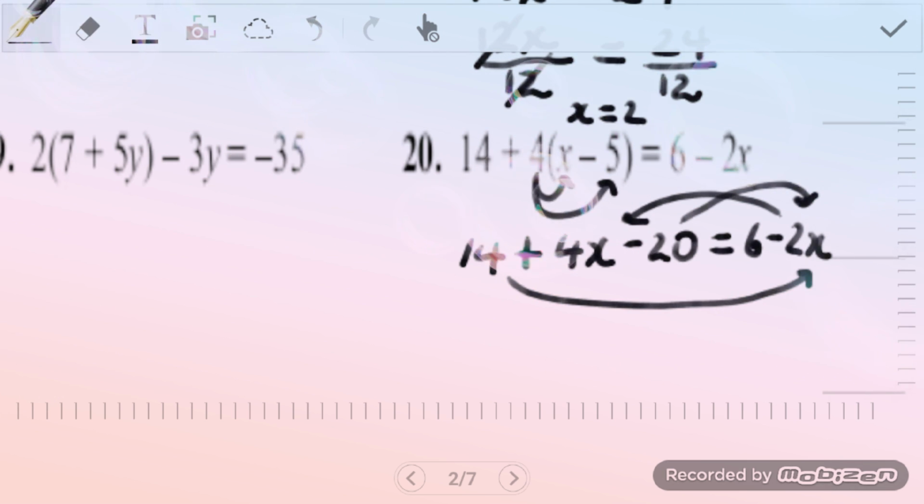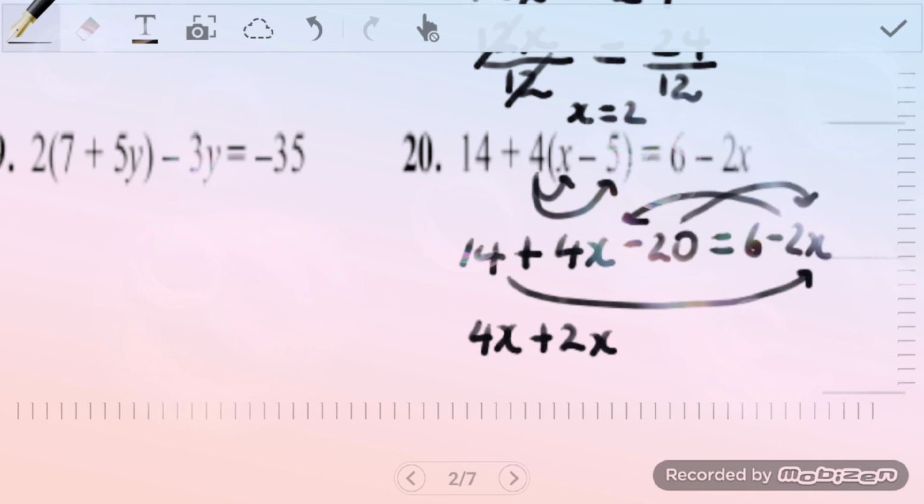It looks a little complicated with all these arrows, but the aim of these arrows is just to give you the direction in which I'm carrying the terms. Notice that the only thing I didn't place an indicator on is the 4x. The -2x comes across and becomes positive 2x.